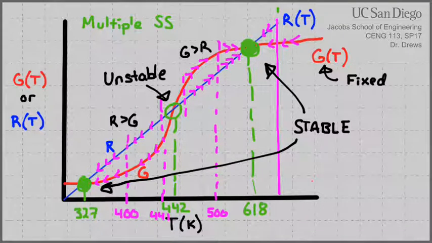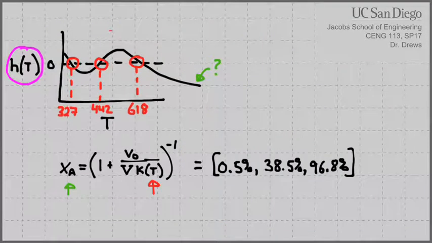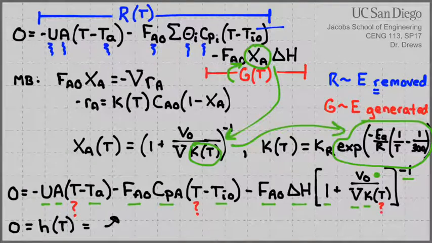R(t), however, has a couple of variables that we can tweak. The two variables that we can tweak in R(t) are T_a, so we can change the coolant temperature. We can heat up the coolant or cool down the coolant, and we can shift T_a. Or we can change the inlet temperature.